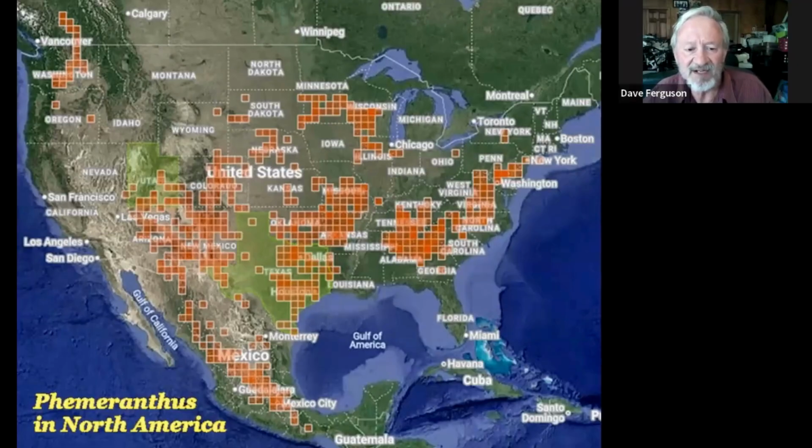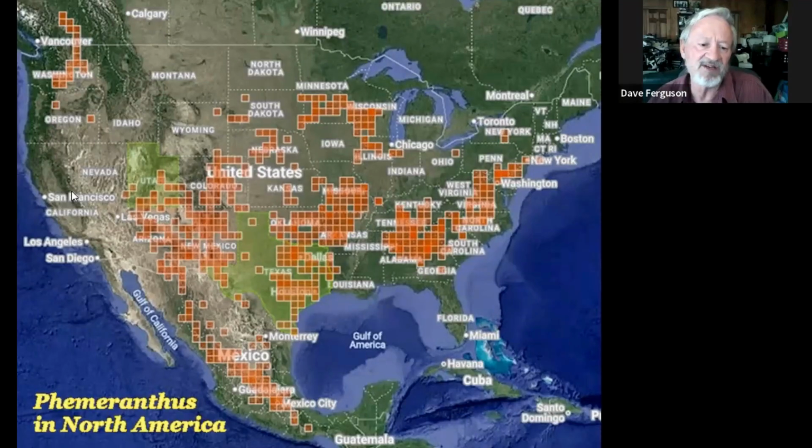They're pretty widespread in North America, but they do not occur anywhere along the West Coast. They're not in subtropical humid climates. And most of these gaps in the map are just artifacts of either agriculture or lack of sampling.